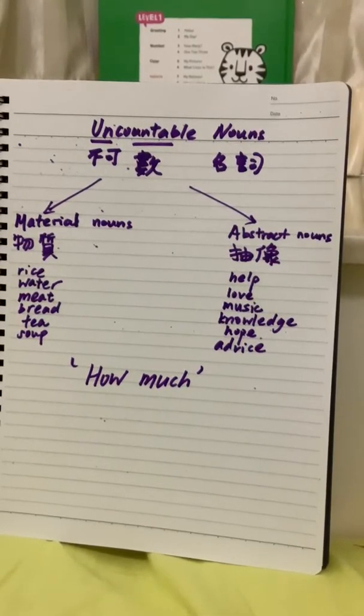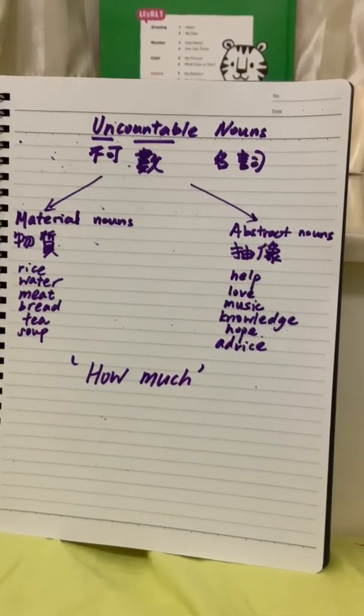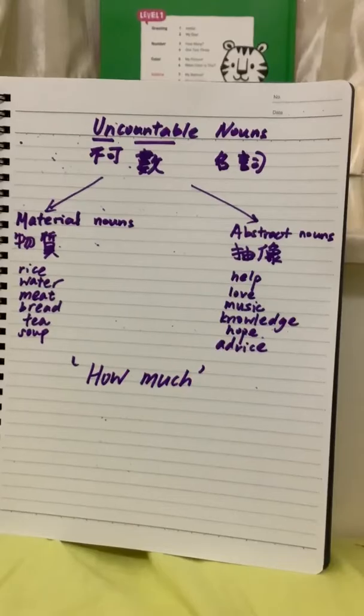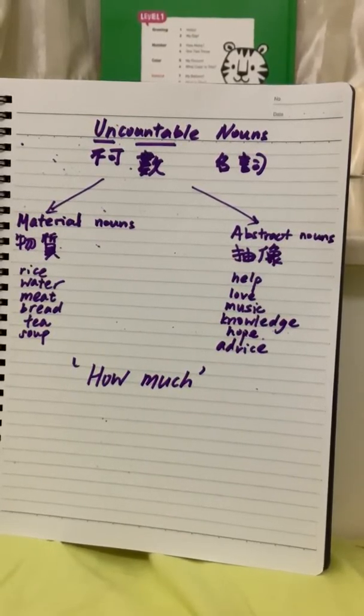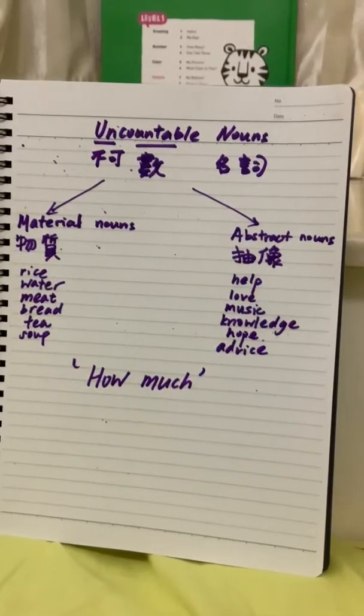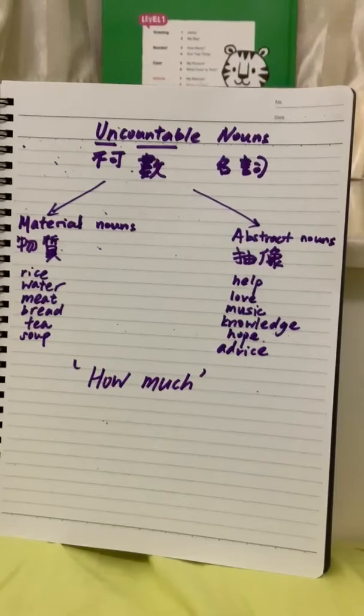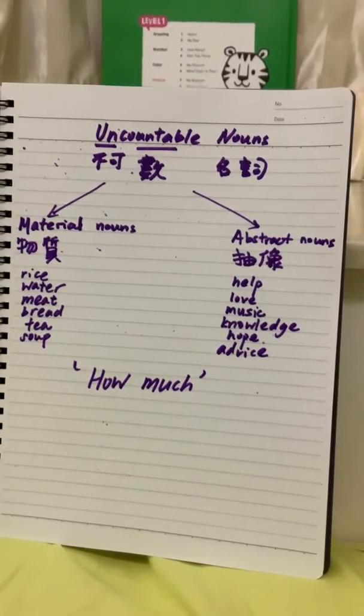For material nouns, there are rice, water, meat, bread, tea, soup. You cannot add an s. For abstract nouns, help, love, music, knowledge, hope, advice, you can't add an s.